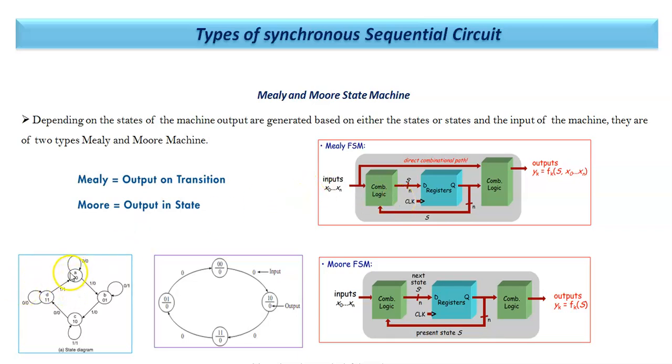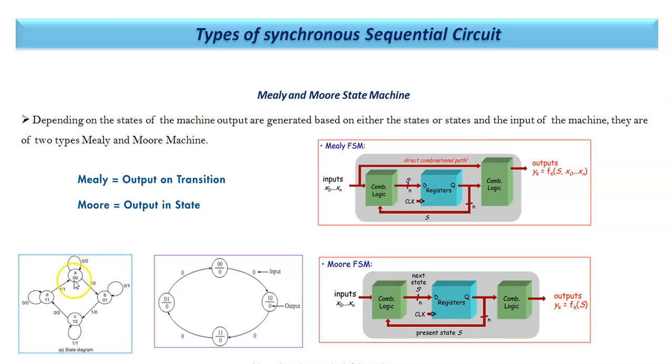Here, these are the states. A circle indicates a state. The names are A, B, C, D. The notation is 00 for A, 01 for B, 10 for C, and 11 for D. On the transition, X by Z is written, where X is the input and Z is the output. Suppose this is my present state.